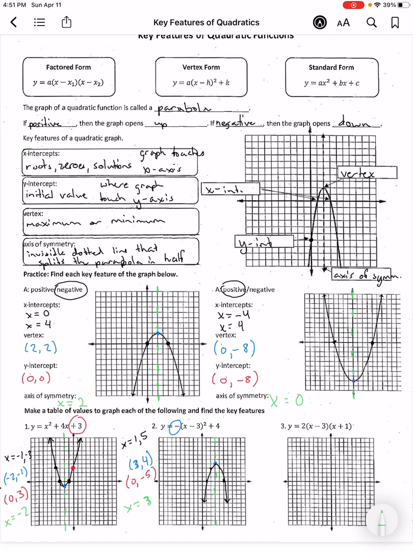All right. And then for our very last one, it's in factored form. So it starts with a 2, and then it's open parentheses, x minus 3, close those parentheses, and then open parentheses, x plus 1. The nice thing is that from this factored form, we can get our x-intercepts.